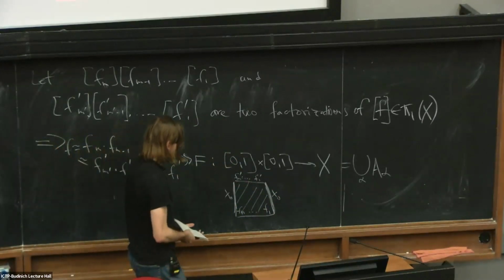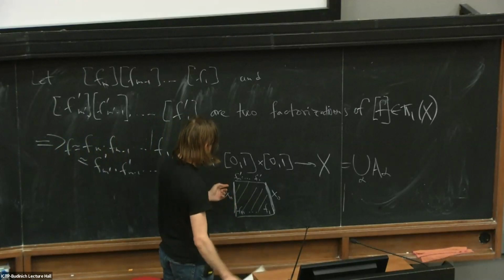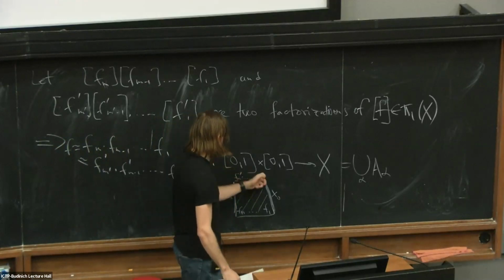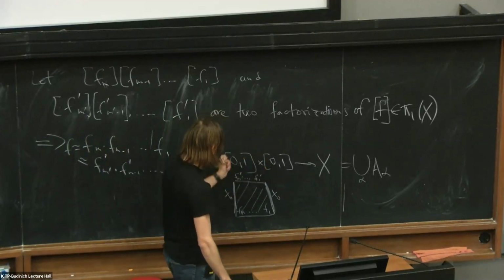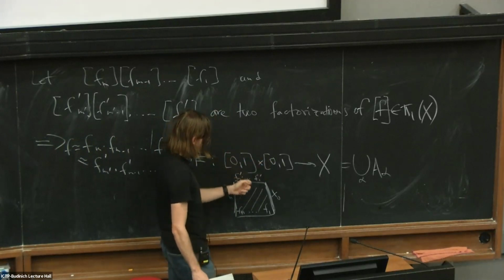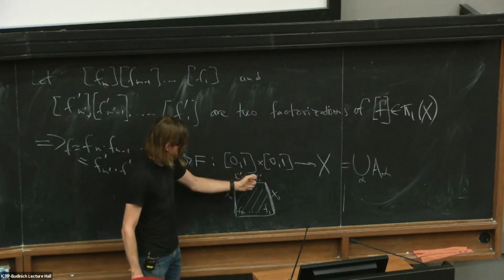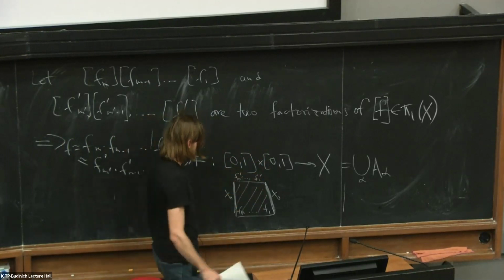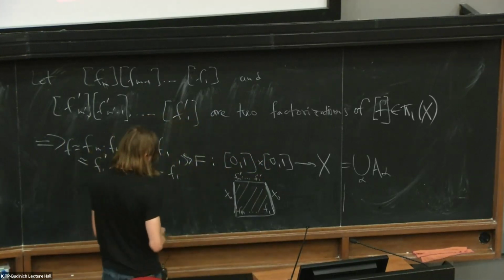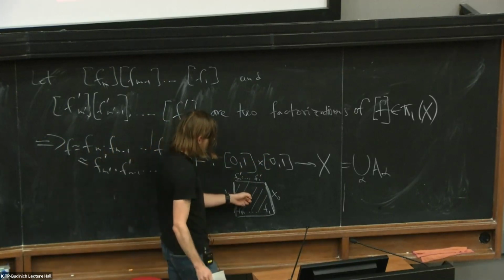And now we will use our usual trick. I'm not going to explain the details, but we use the fact that this function is continuous, and this square is compact.